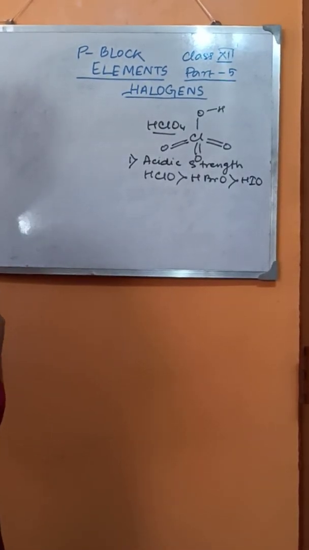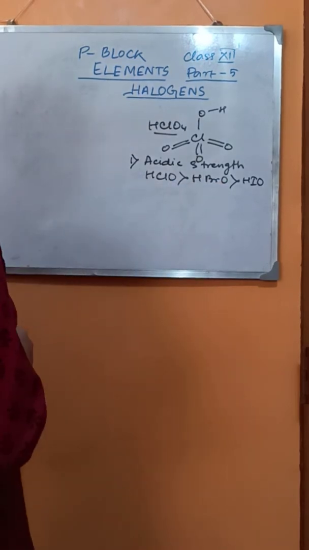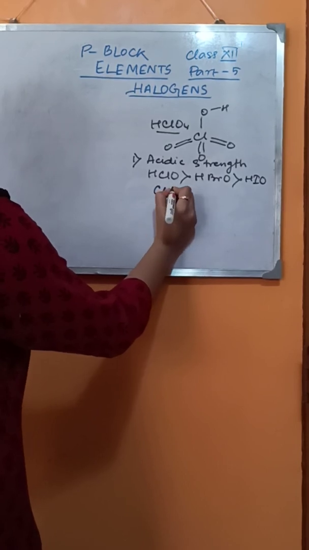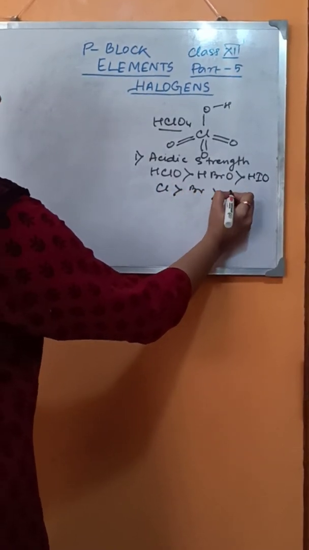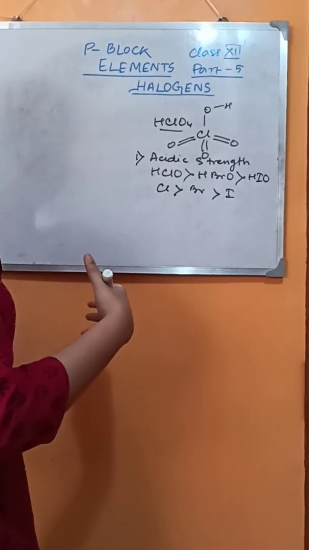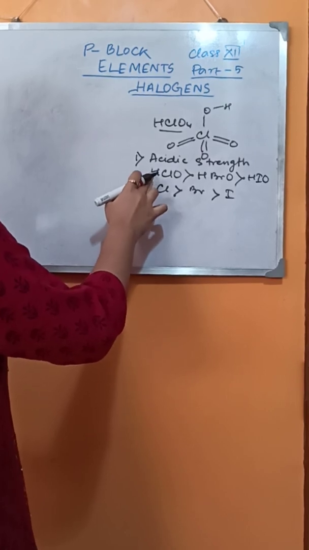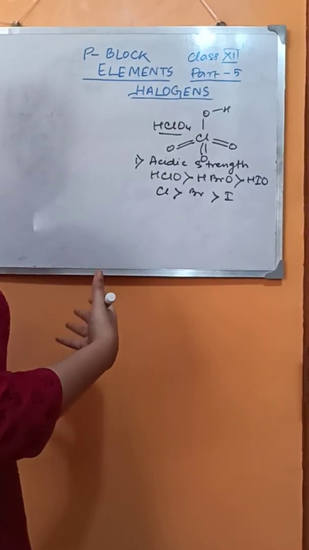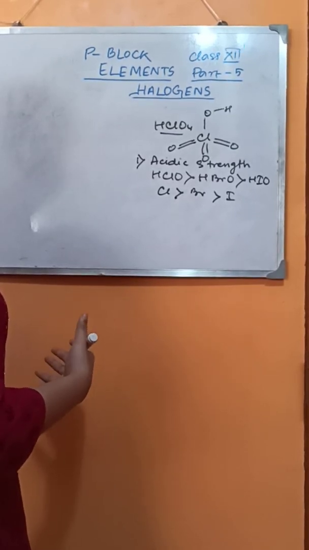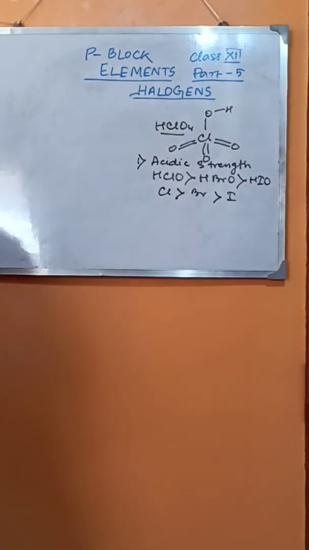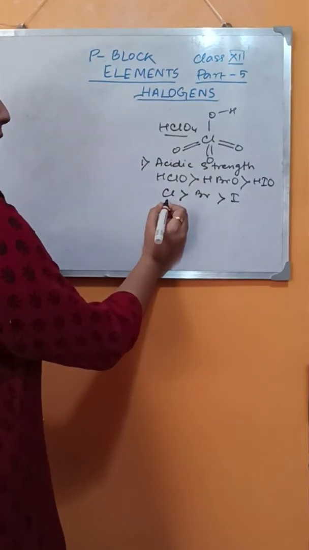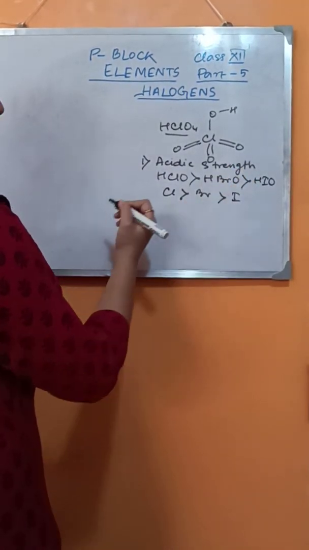Okay, here just look at the halogen atoms. What is the electronegativity order here? You know that the compounds which will easily ionize the H plus will form acids at a faster rate, or the acidic strength of those compounds is more. So here what happens? HClO, chlorine's electronegativity is more than that of bromine, which is more than that of iodine.